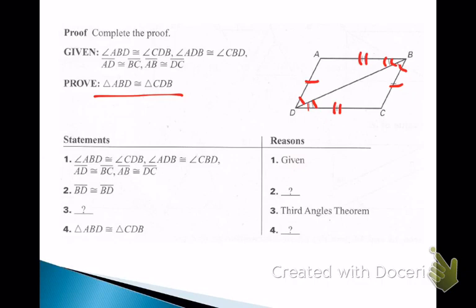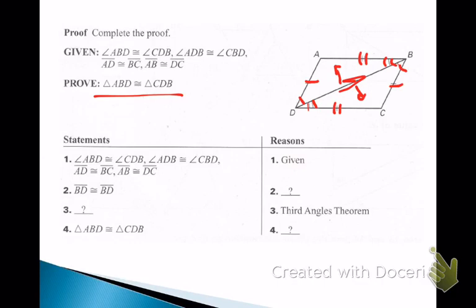Now, sometimes when our triangles are touching like this, it's useful to separate them, like we did in the example for the third angles theorem. This one I'm going to leave together because one thing you're going to hear me say a lot is I love, love, love triangles that share sides, because segment BD is a side for the top triangle, and it's a side for this bottom triangle.